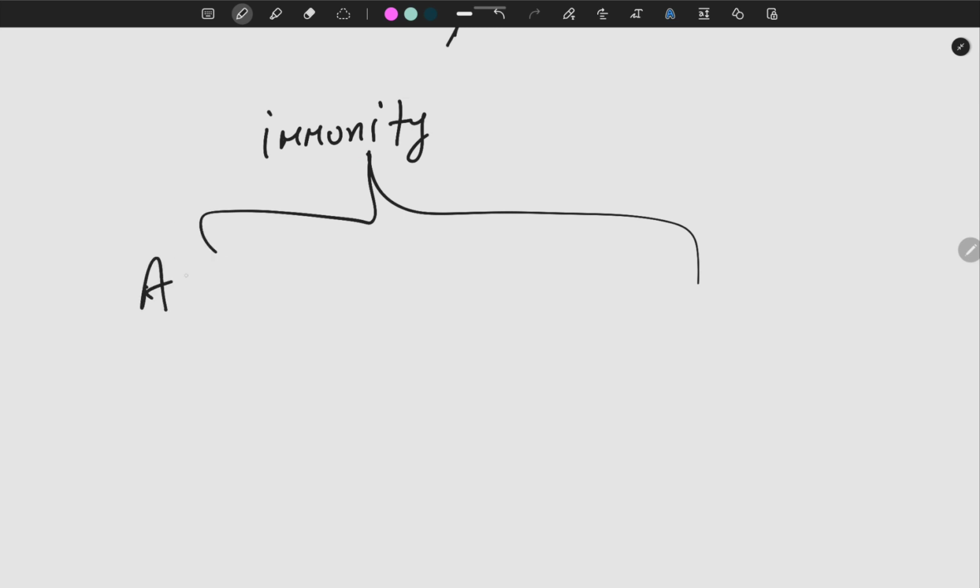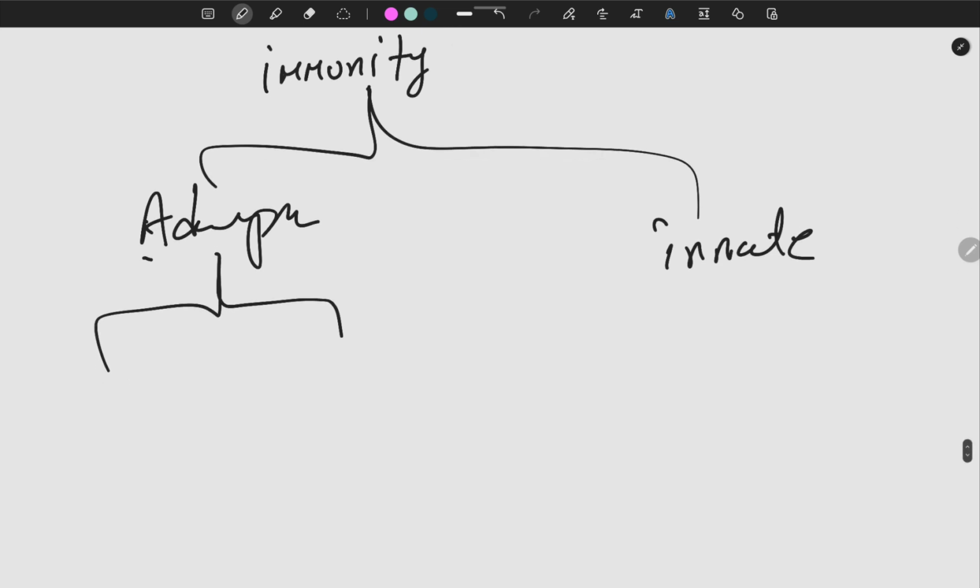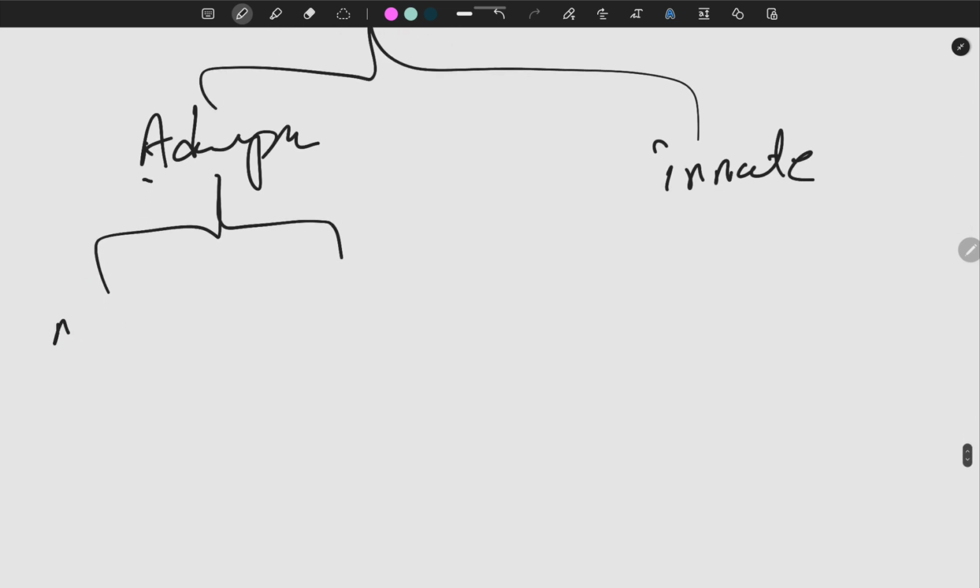The next important topic is immunity. In immunity we have two types. The first one is innate and adaptive. Adaptive immunity is again divided into natural and artificial.